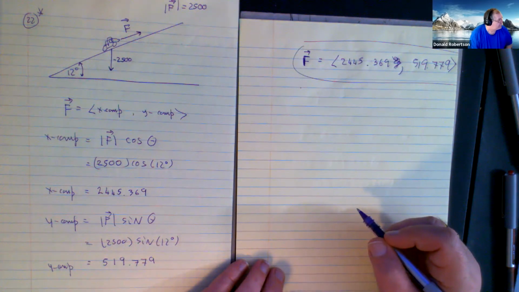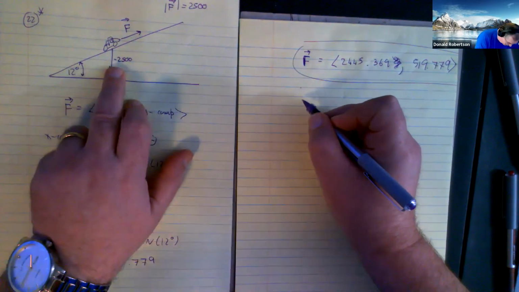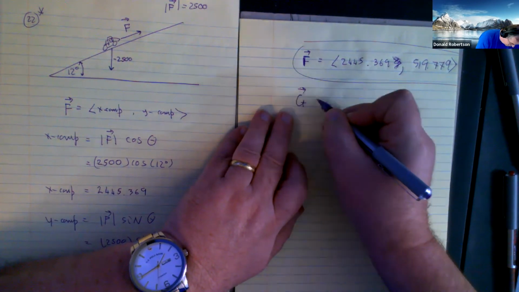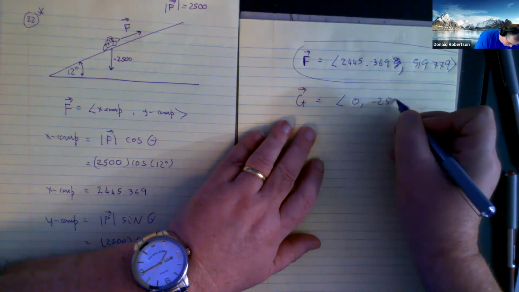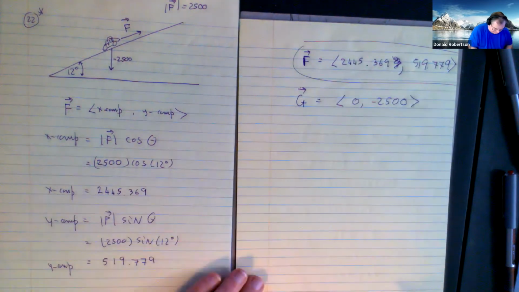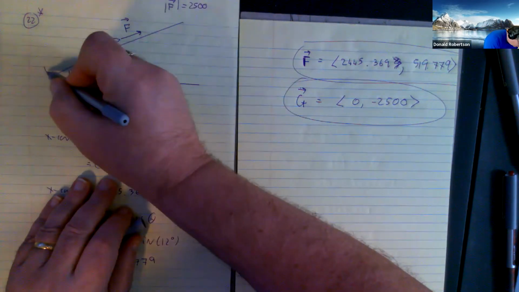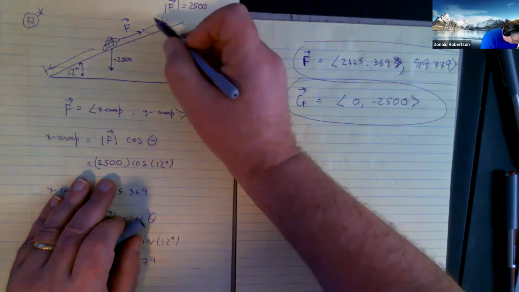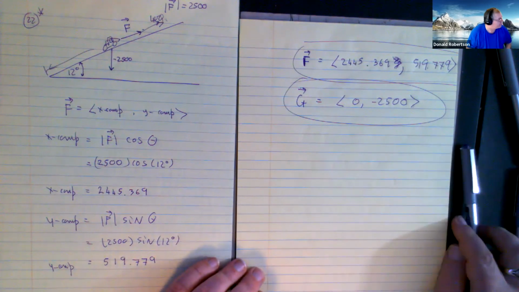What else have we got to do? We have got gravity, which is this thing coming down the way. I'll call it G, and that's 0, negative 2,500. And what else do I need? Oh, I got the distance 400. So from here to here, assuming that's 400. Something else missing. What's missing?